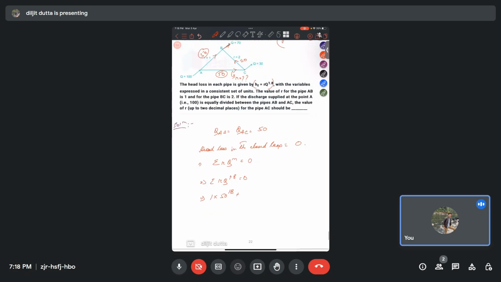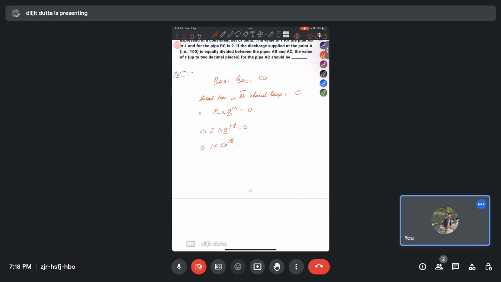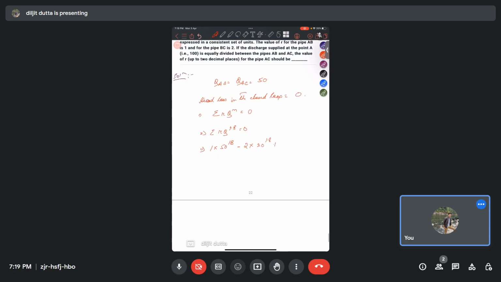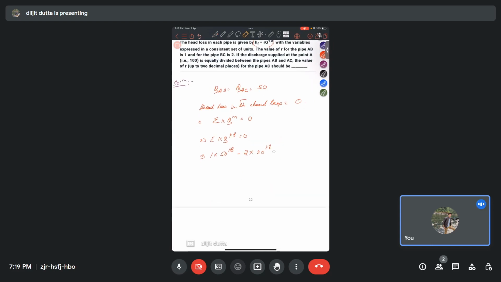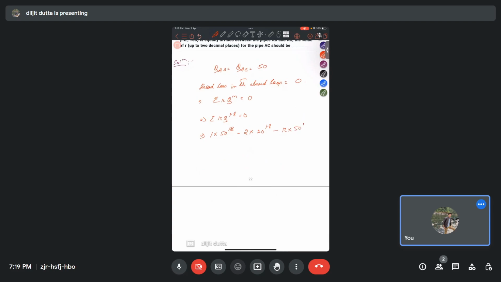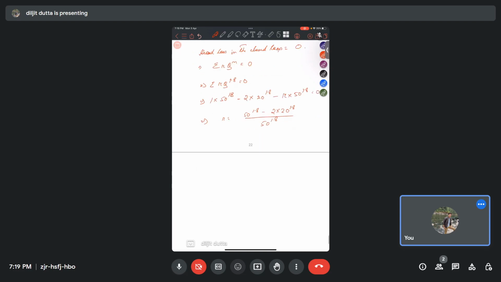For BC it is anti-clockwise, so it will be minus R is 2 into 20 to the power 1.8, and for AC it is again anti-clockwise, so again negative, and we have to find R. So what we get, R is equal to 50 to the power 1.8 minus 2 into 20 to the power 1.8, approximately comes 0.62.